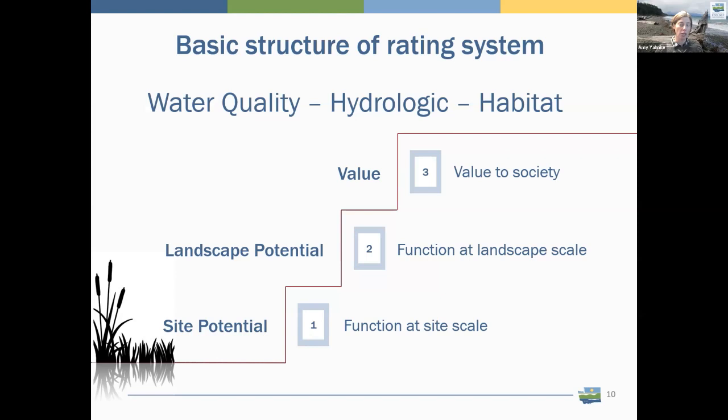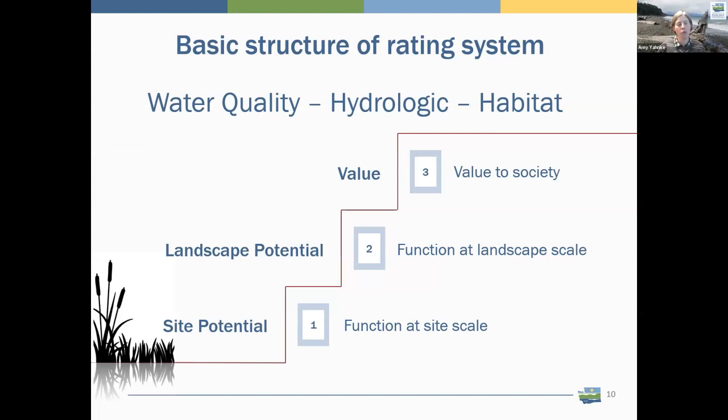Scoring for each function was based on a qualitative rating of 3 aspects of function. Site potential is the potential of the site to provide the function. So these questions are based on structures like the vegetation and soils on site and how water acts on the site. Landscape potential is the potential of the landscape to maintain each function at the site.